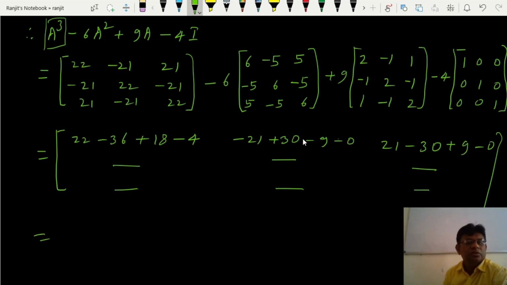Now this is equal to, now 22 minus 36 means minus 14, minus 14 plus 18 means plus 4. Now plus 4 minus 4, answer 0. So in the same way, minus 21 plus 30 minus 9 is 0, and 21 minus 30 plus 9 is 0.